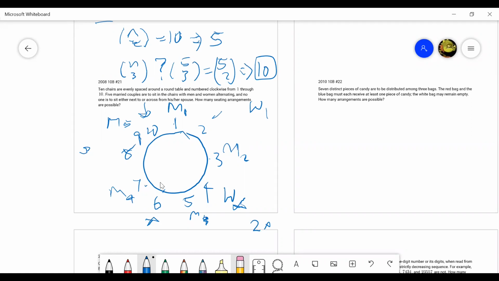Now the claim here is that after we place this first woman, all the rest are fixed. What I mean is, after I place her, no other woman has a choice in where she can sit.